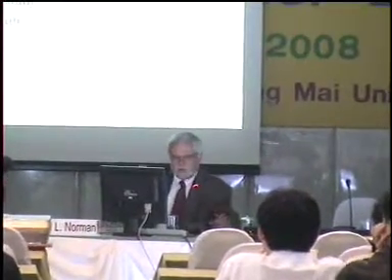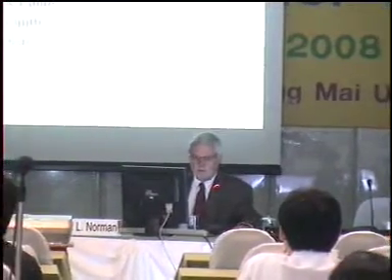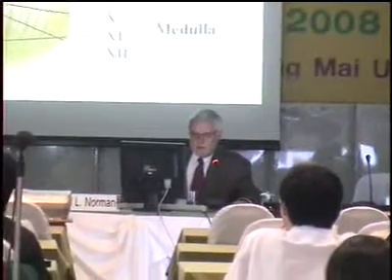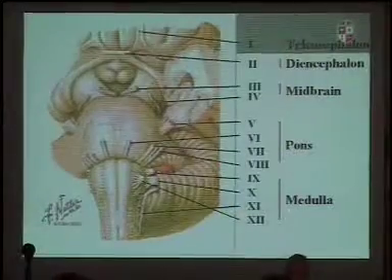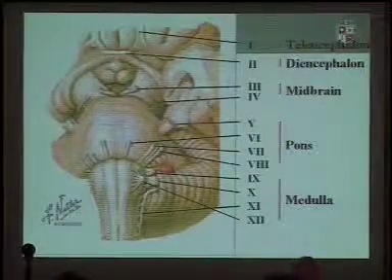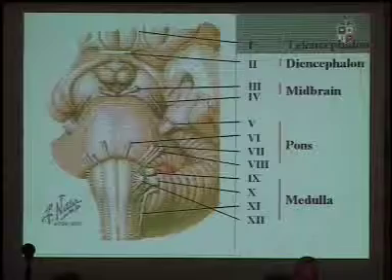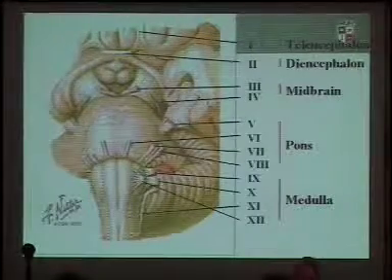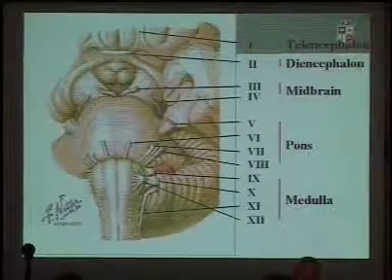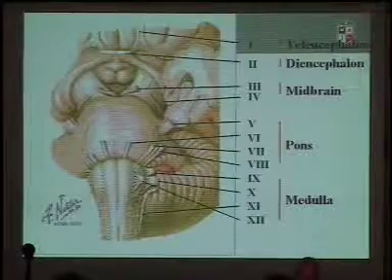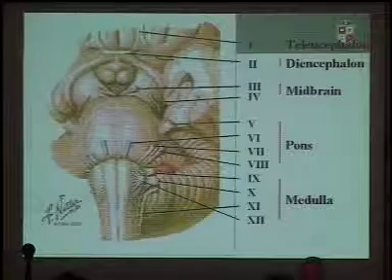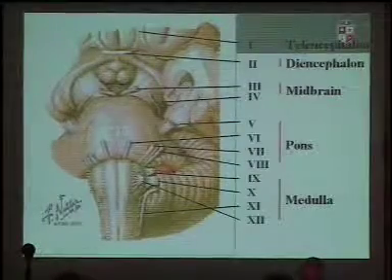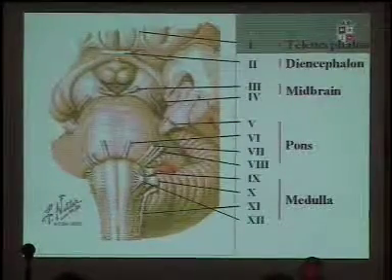Okay, so this is important to know. One of the other things that is helpful in terms of establishing where a lesion is, is if you have cranial nerve involvement. Okay, so you have to know where your cranial nerves are. We'll talk about the olfactory system briefly and the optic system.